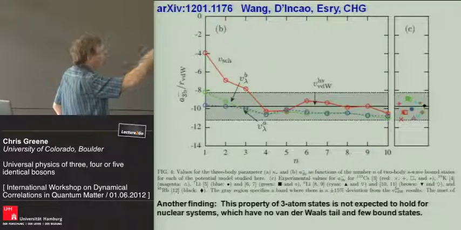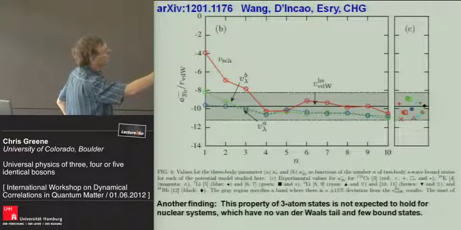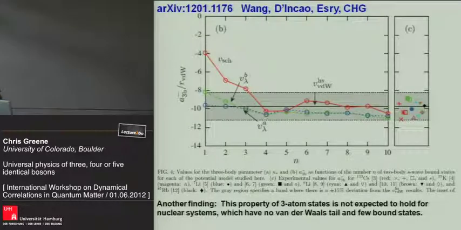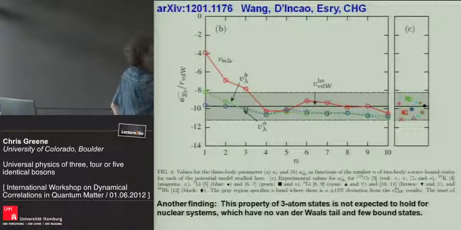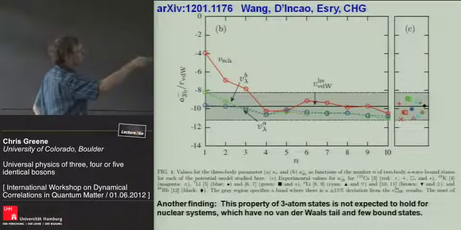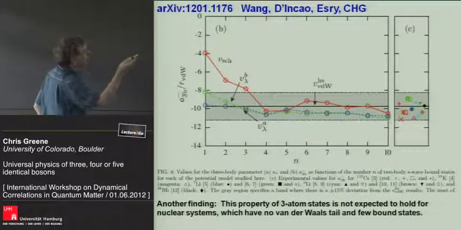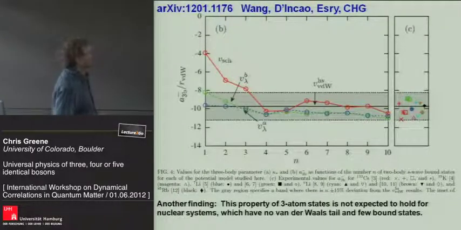They all fall kind of in this band, except the red that I'll explain in a minute is different. And these are the experimental points that fall in this band over here. So you see that we are pretty strongly confirming this universality, that there is a trend to have the three-body parameter, the first Efimov state, appear at around this value, minus 10 or so times the van der Waals radius.